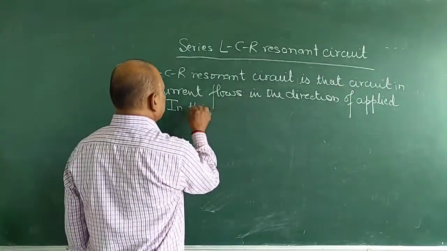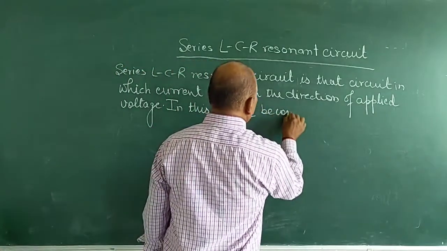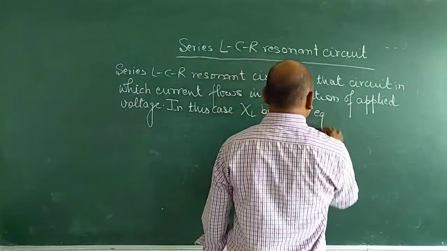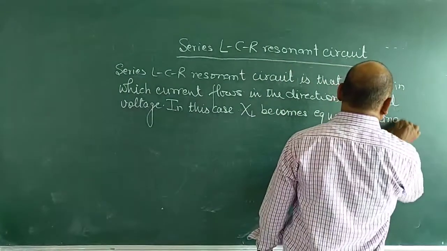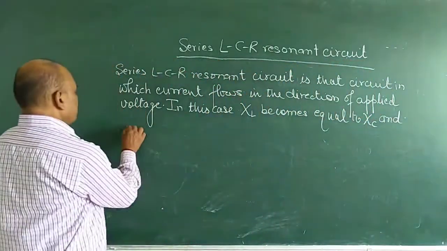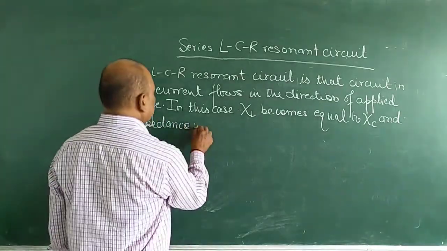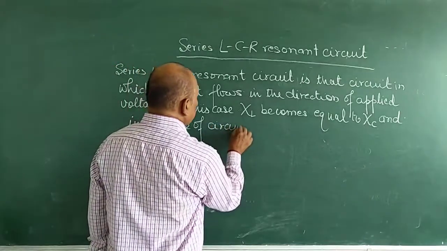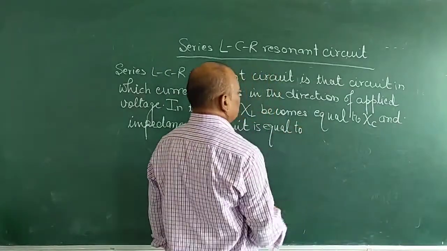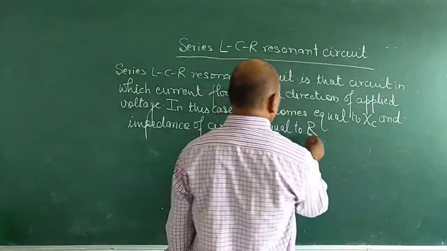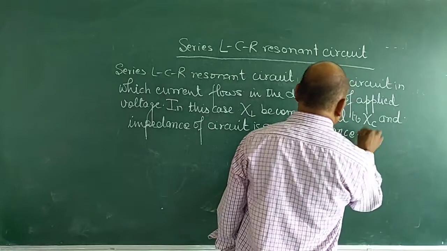In this case, XL becomes equal to XC and the impedance of the circuit is equal to capital R, the resistance.